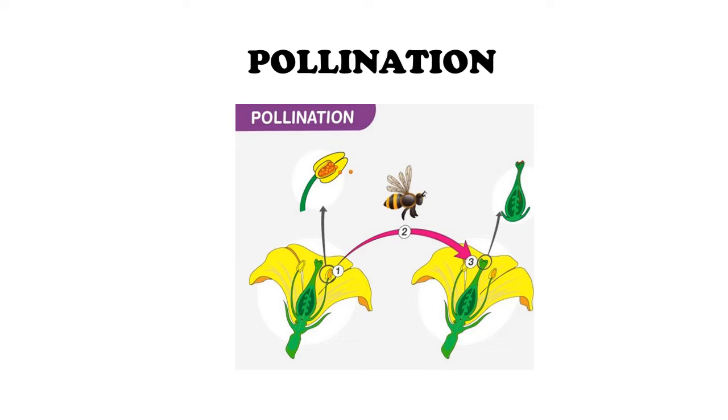After the completion of the pollen tube, the pollen grain starts transmitting the sperm cell from the pollen grain to the ovary. Understood?